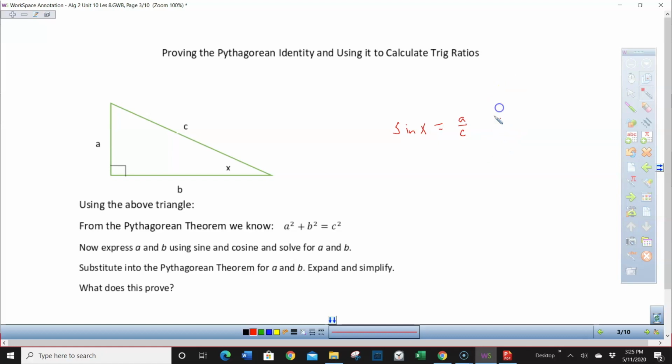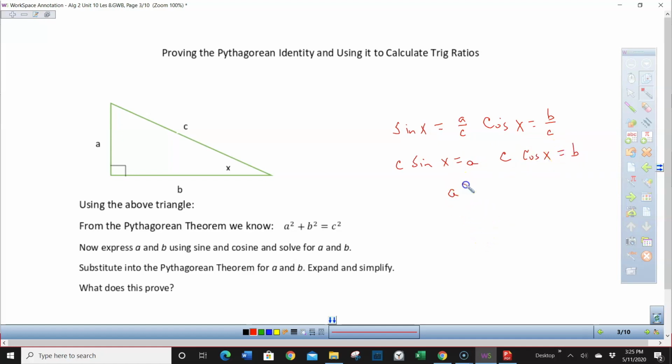Cosine of x is b over c. And then we're going to solve these for a and b. So that's going to be c sine x equals a and c cosine x equals b.